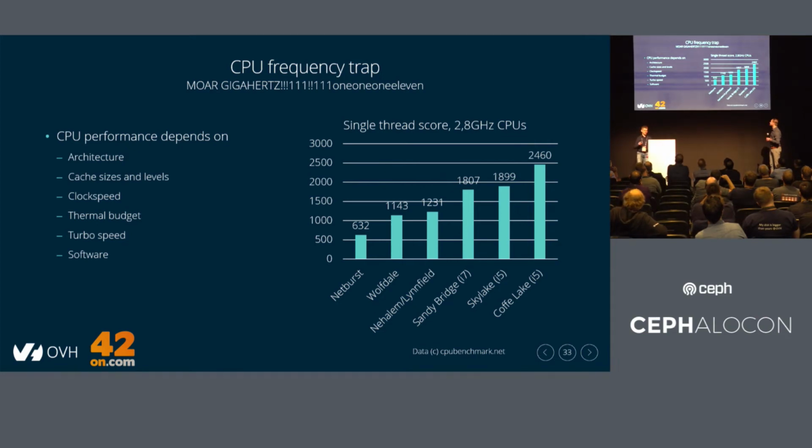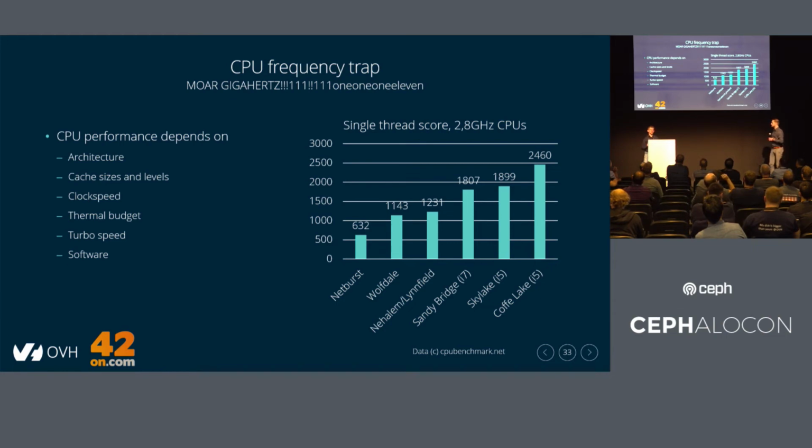So why is this happening? Because CPU performance doesn't rely on CPU frequency alone. Important factors are also architecture, cache sizes and their performance. Clock speed is, well, one factor.